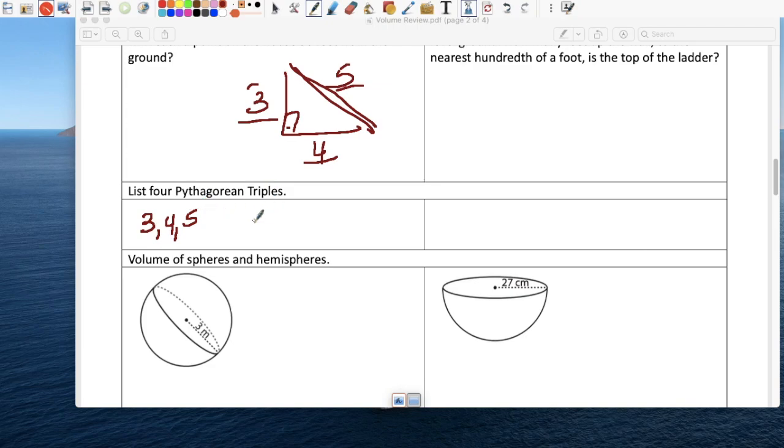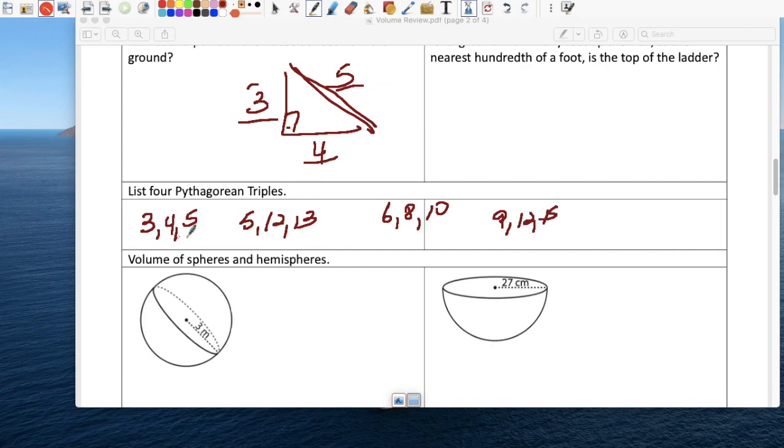Okay, and 5, 12, and 13. Somebody mentioned that in class, that they remembered that one. Okay, 6, 8, and 10 is another one. Again, if you multiply 3, 4, 5 by 2, look, you get 6, 8, 10, which means that I can also use 9, 12, and 15, right?